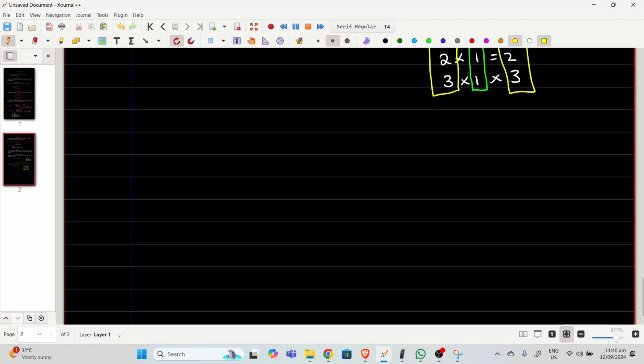Let's go on to the next property now, which is the inverse property.